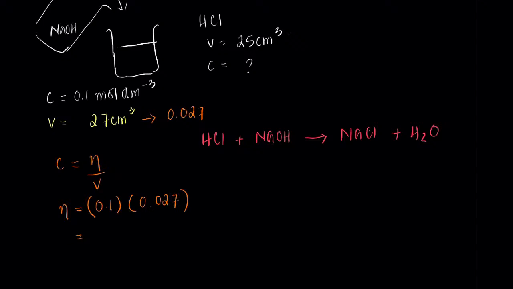And this comes out to be 0.0027 moles. Is that understood, that the moles of NaOH used are 0.0027 moles? How do I know? I know the concentration, I know the volume that was poured in here. So I can easily calculate the moles.